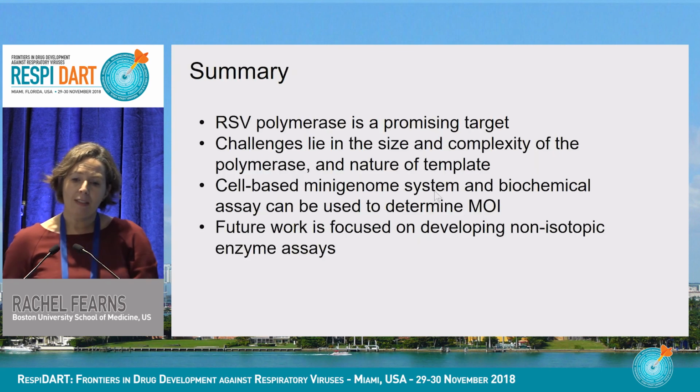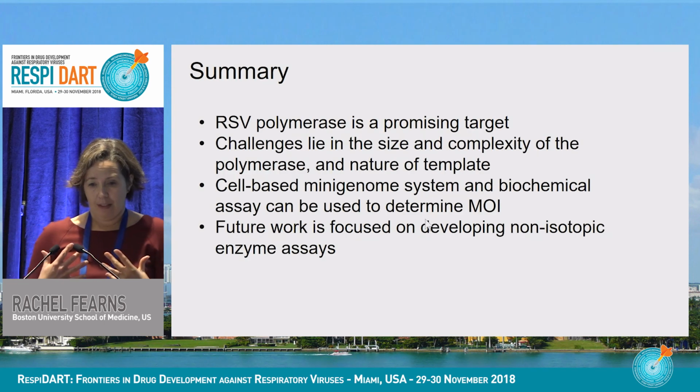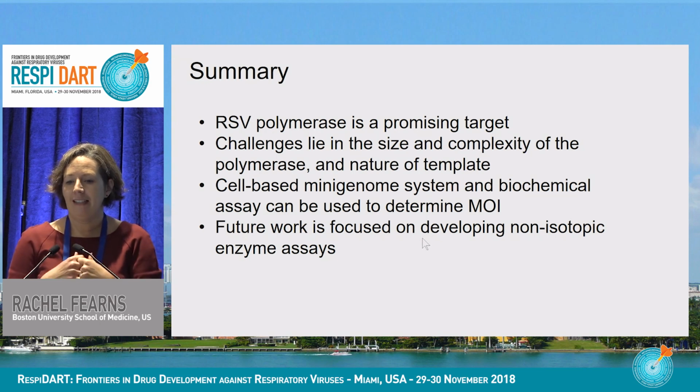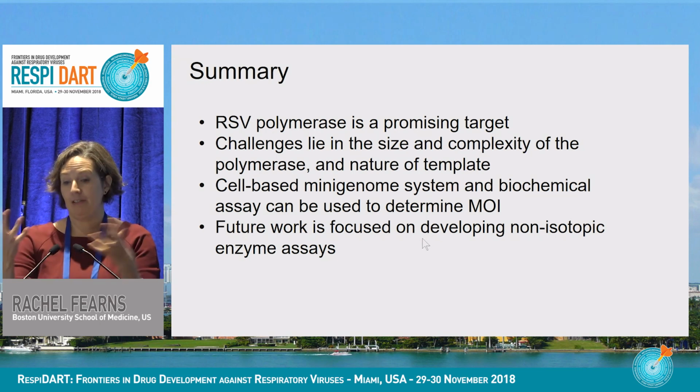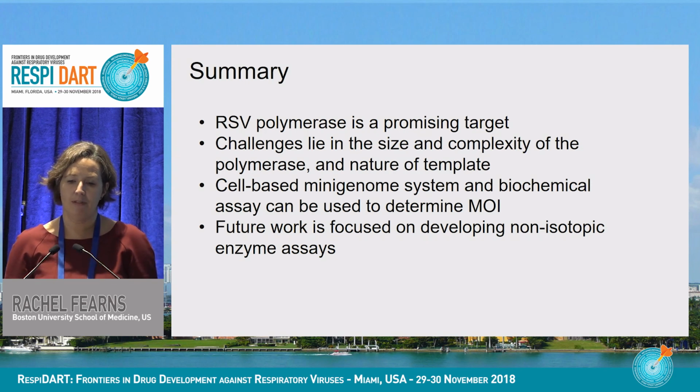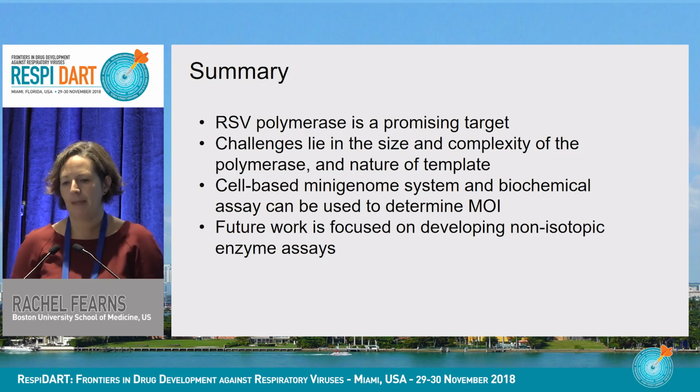And so to summarize, the RSV polymerase is a promising target. It's essential for the virus to replicate, and it's basically 3 enzymes in one protein to target. But the challenges lie in the size and the complexity of that polymerase and the difficulties in purifying it to homogeneity. And then also the nature of the template, and I think that's a very difficult aspect of it to overcome.